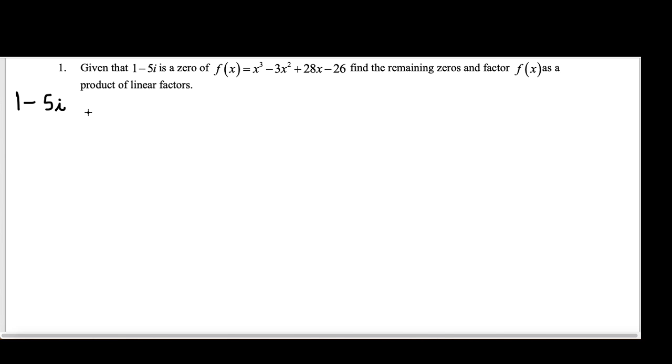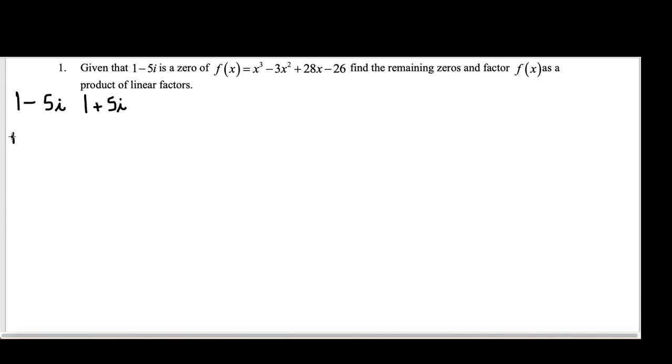And because of the conjugate zeros theorem, we automatically know a second zero, which will be the conjugate of that, 1 plus 5i. Okay, so right off the bat, we know 2 of the 3 zeros. And there's only one that we need to identify. So to go through the process here of finding the third zero, I can start by doing synthetic division with the known zeros. And we'll start with 1 minus 5i.